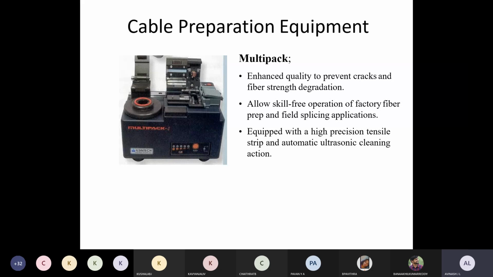All these are features of the multi-pack. Skill-free means you just switch it on and off; if you know what is written in English, then it is fine.